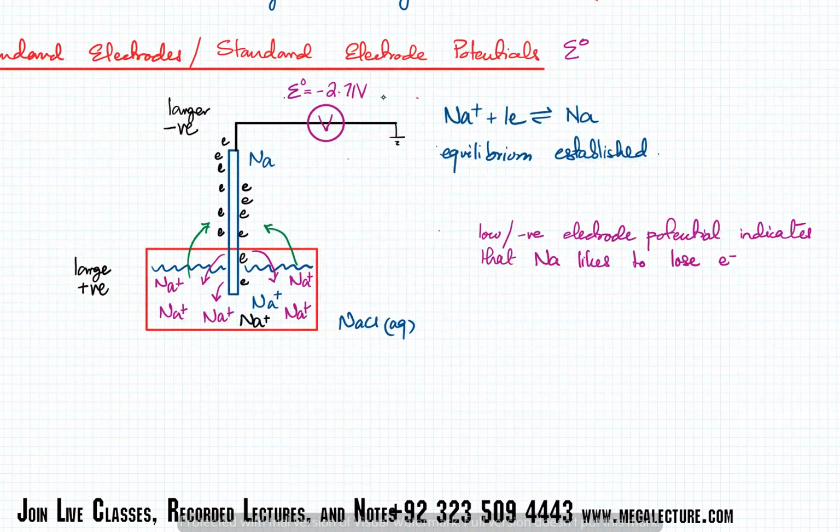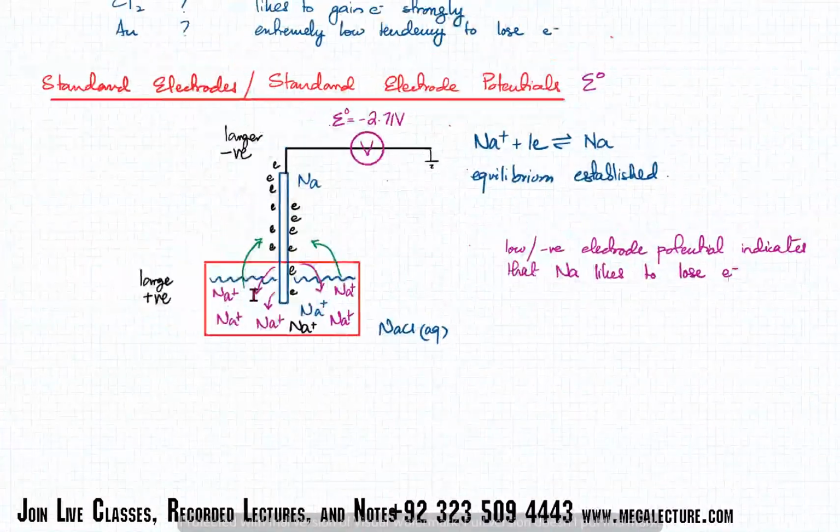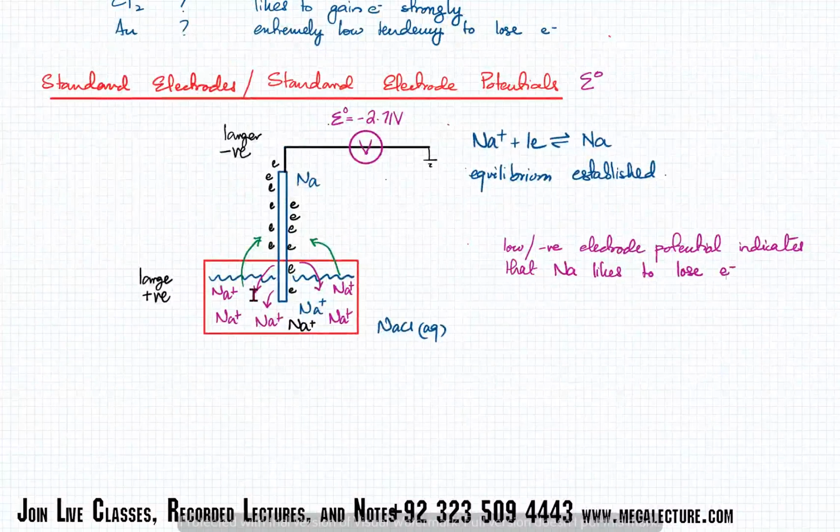If it wanted to gain electrons, then there would be no electrons over here. But in this case, you have a very, very low, negative potential. Is this clear? Yep, it's clear.